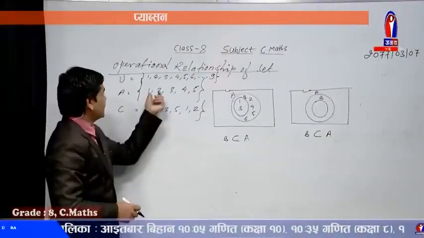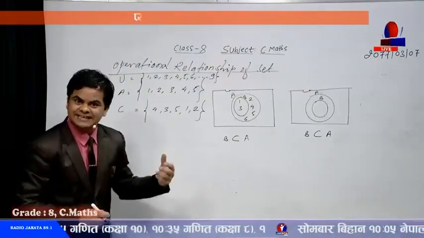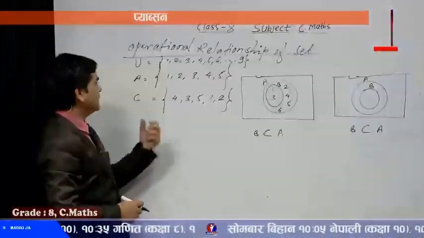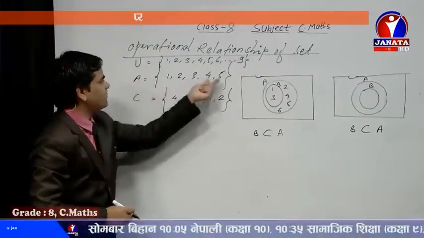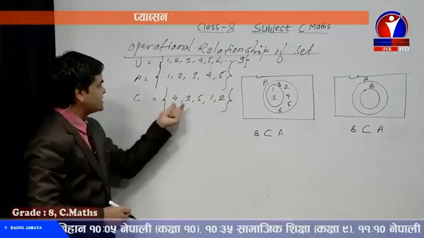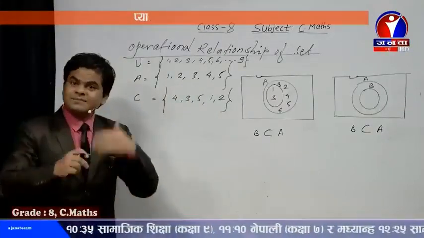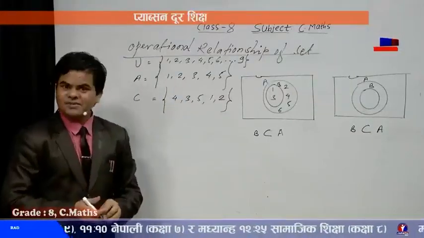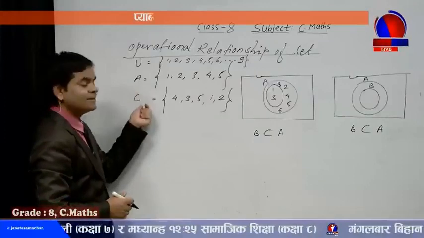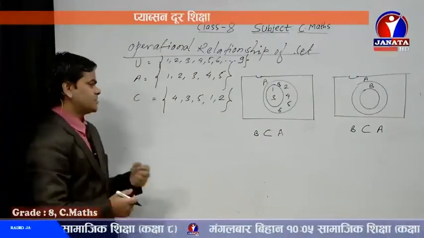Dear friends, look here. They are improper to each other. The relationship between set A and set C is improper because there is an equal number of elements, cardinally n(A) equals 5 and cardinally n(C) equals 5. Although those elements are kept in different positions, the same elements are found. So the relationship between the A and C sets is improper subset.